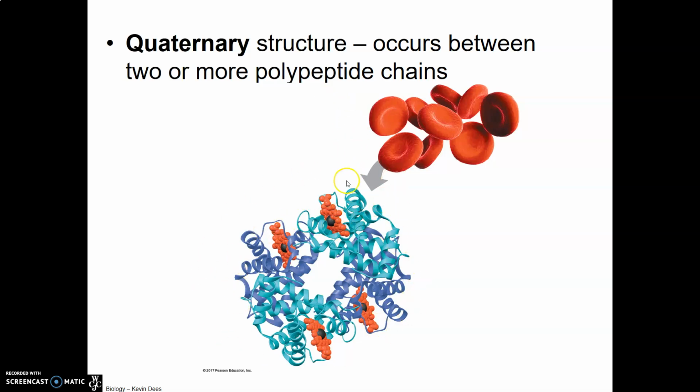So for instance, this is our hemoglobin protein. You can see here the heme or the iron atoms that will allow this particular protein to carry oxygen. It looks just like a little donut or a nest, and that oxygen atom will fit right inside of here.